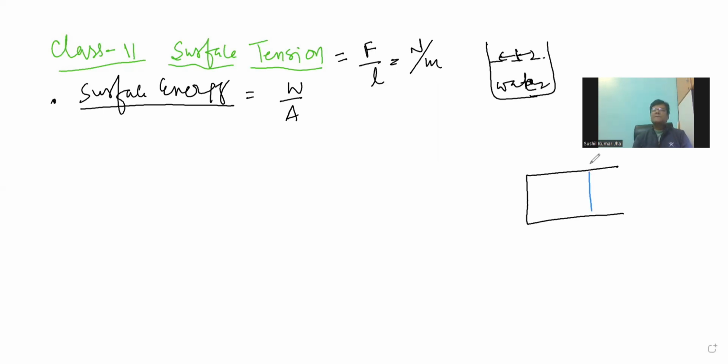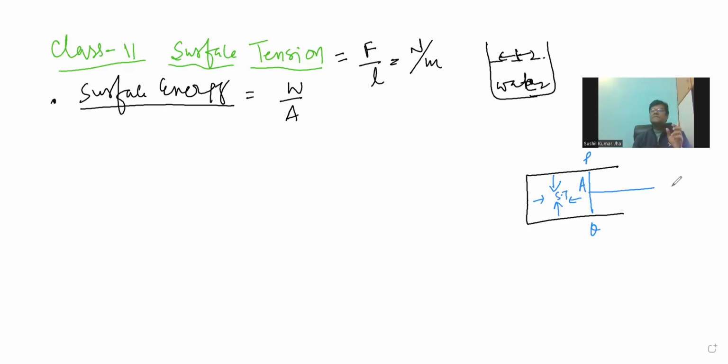Let's say this PQ part is movable, having some surface area, let's say A. Now इसको हम immerse करते हैं soap solution या liquid solution, detergent solution. And when we take it out from that, force of surface tension would be acting on both the faces.